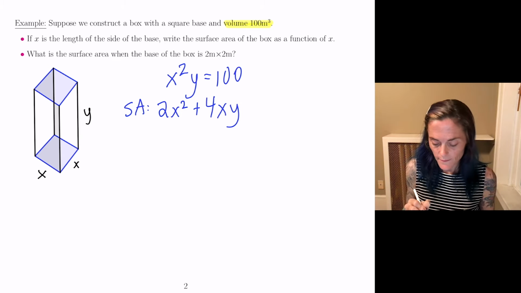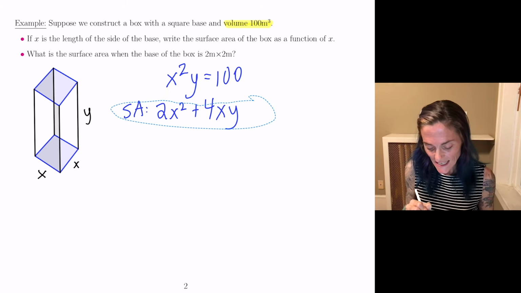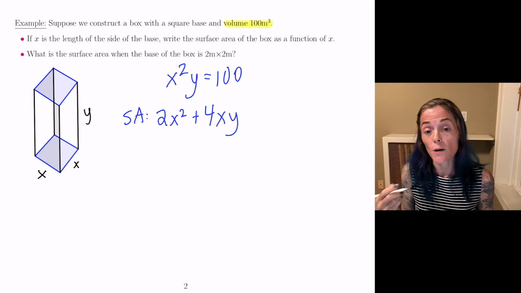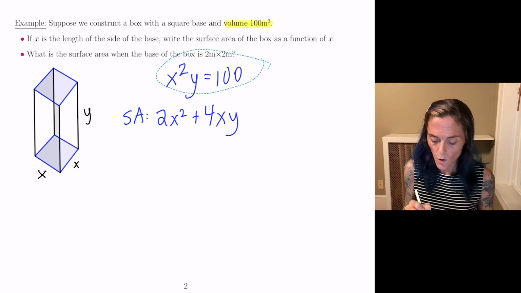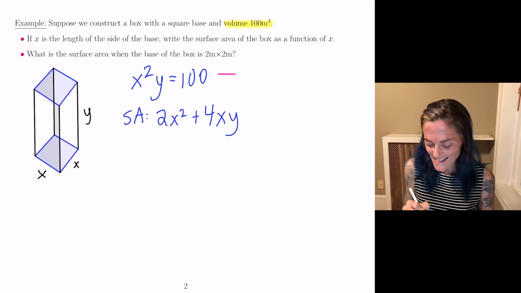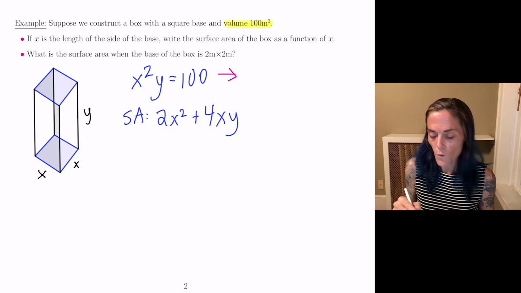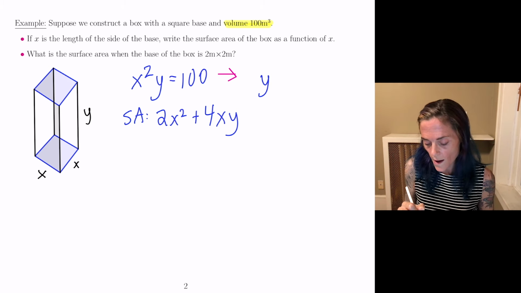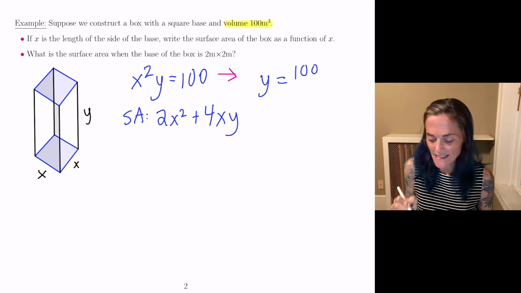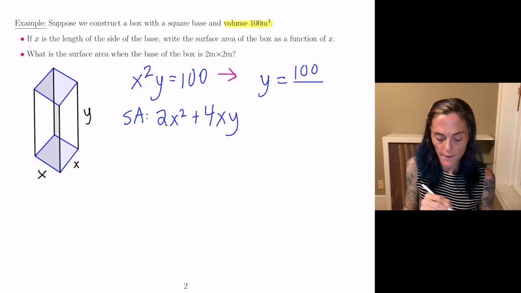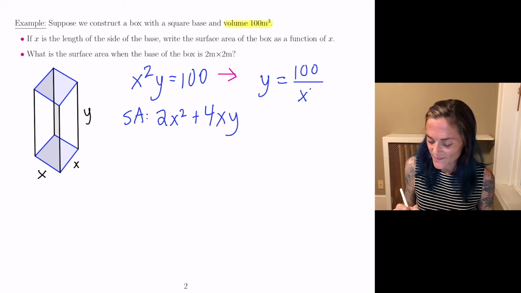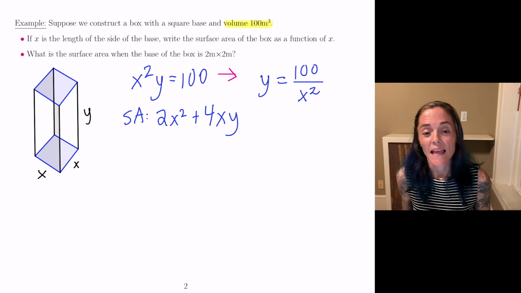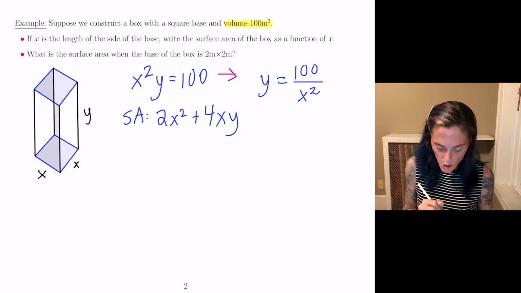Now, our goal of this question is to write surface area in terms of x. And so we can use this to solve for y in terms of x. y is 100 divided by x squared. Now let's write the surface area.